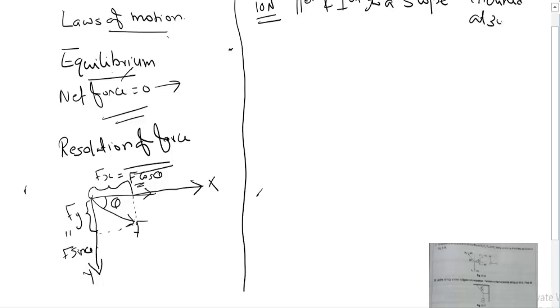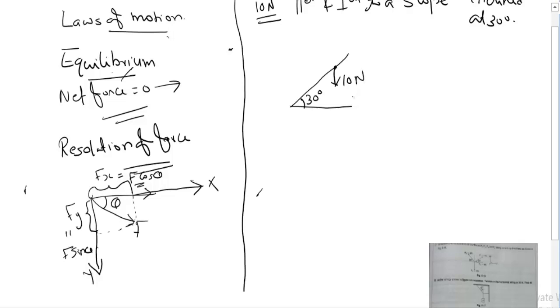So this is 30 degree to the horizontal. With respect to the horizontal, I am representing a slope here which is making an angle of 30 degree. Here I am placing one object which is having a weight of 10 Newton.